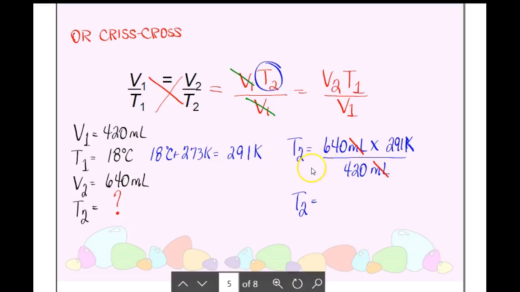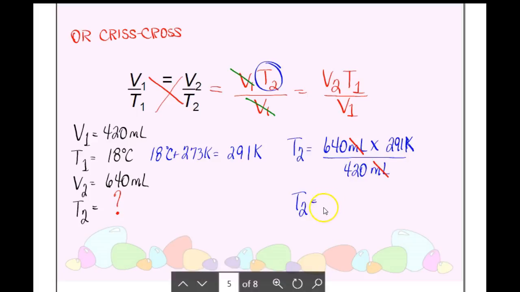So when we put this into our equation, we're going to put 640 milliliters. All right, that is going to be our volume 2. We're going to put 291 Kelvin. That's going to be our temperature 1. And then our volume 1 was 420 milliliters.